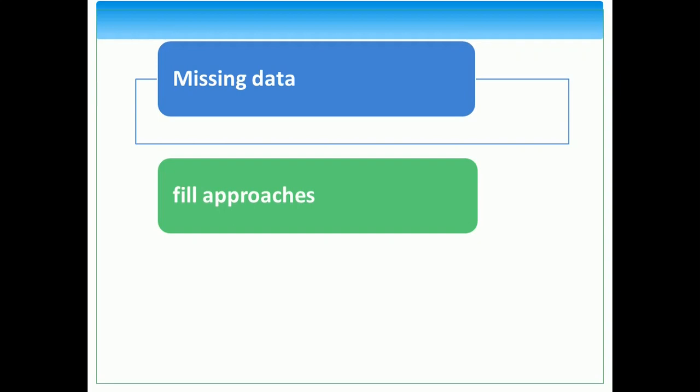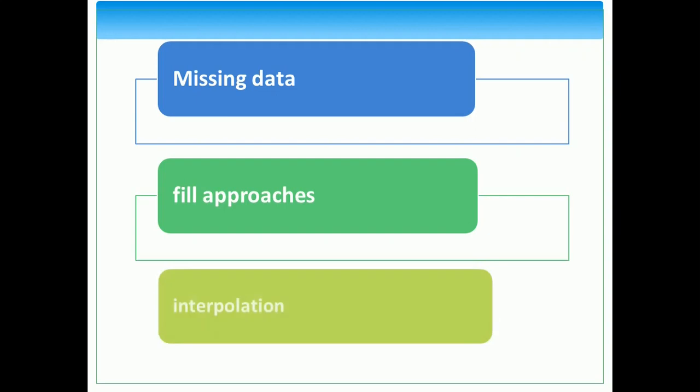In that case you have to have an approach where you deal with those missing data so that you are able to do the data analytics. Fill approaches play a very important role in that. And then after that we are going to understand a technique called interpolation, which is one of the techniques used as part of dealing with the missing data and the fill approaches.